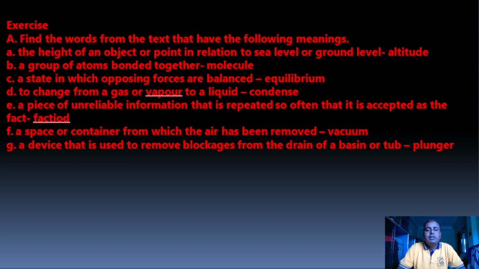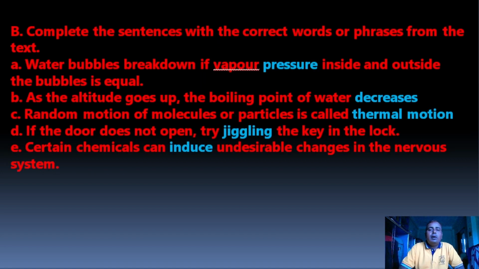A device that is used to remove blockages from the drain of a basin or tube, that is plunger. Now, exercise B. Complete the sentences with the correct words or phrases from the text.